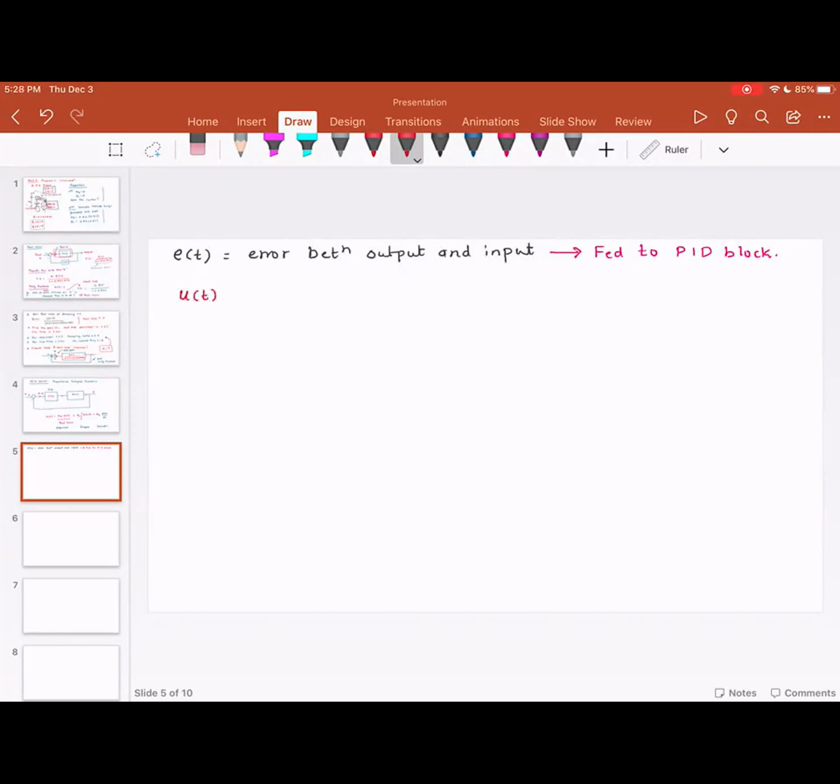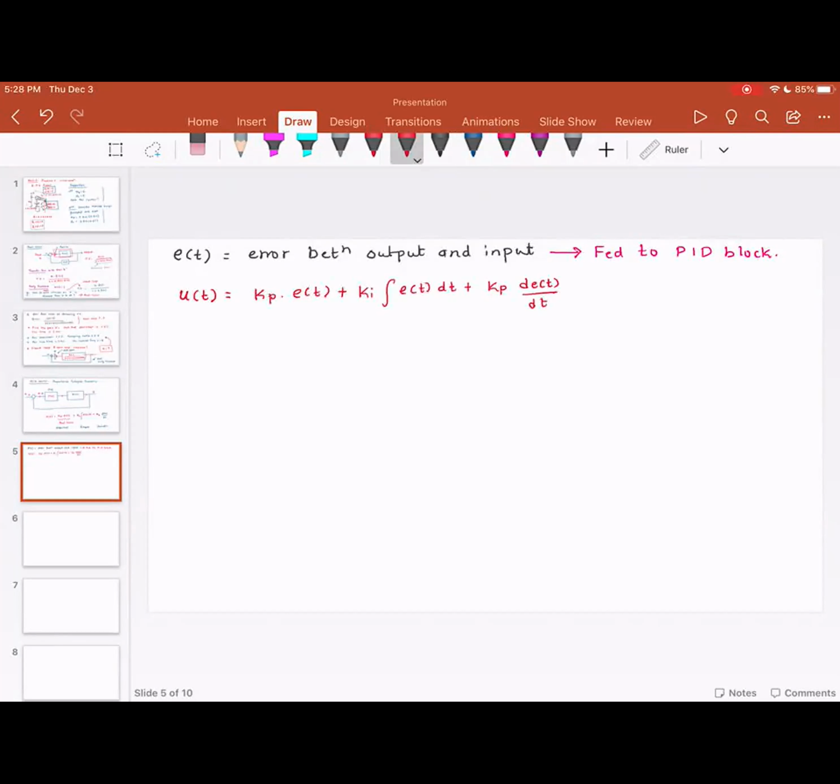u(t) is equal to Kp e(t) plus Ki integral e(t) dt plus Kd de/dt.